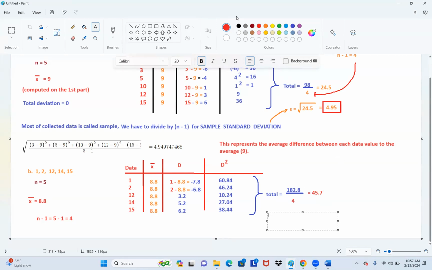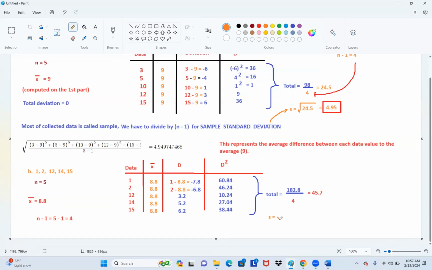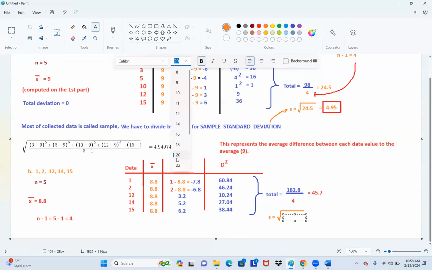And afterwards, we're going to compute the sample standard deviation. So S will be the square root of 45.7. And that's going to be your final answer.